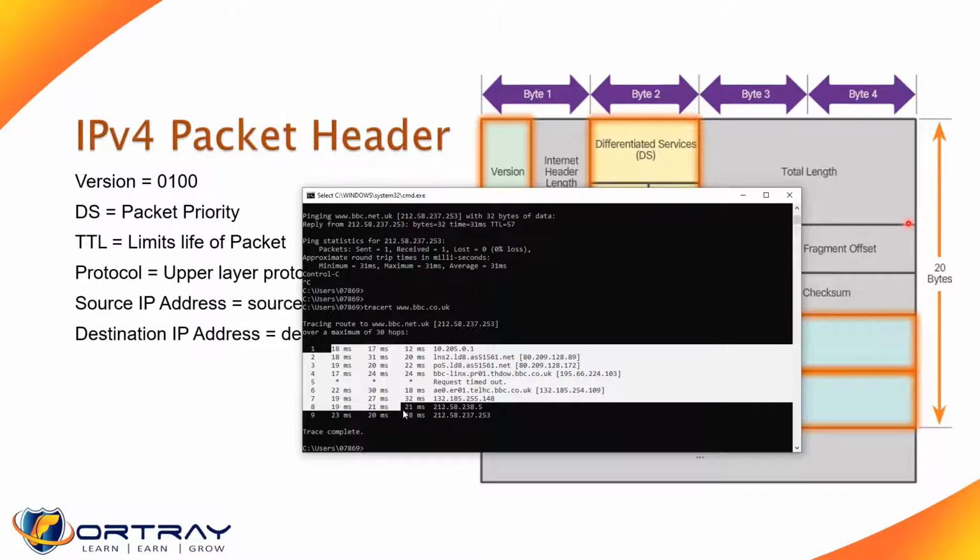That is why they designed a TTL field in the IP header, making sure every packet leaves your network after a certain period of time. It's not endlessly looping around all day. After 255 routers, it will discard itself. So it defines how long the packet lives in the network.